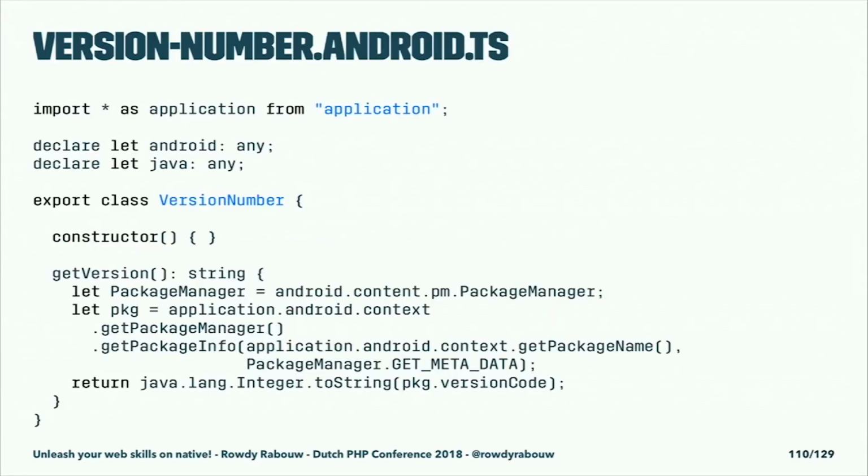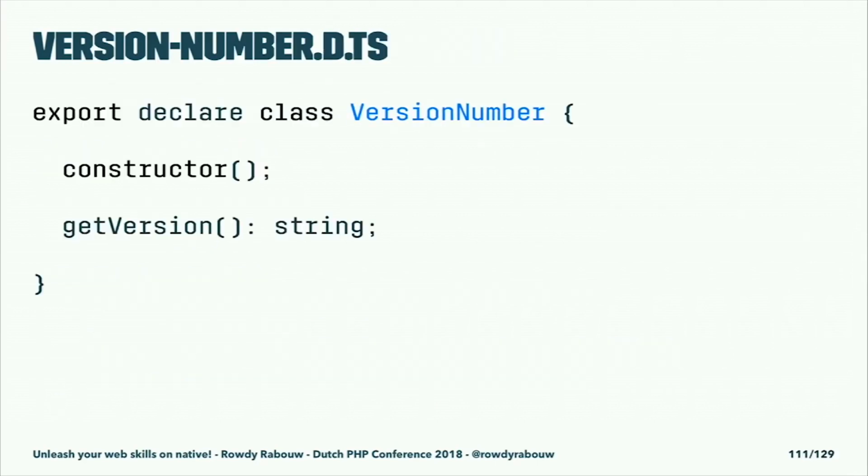The Android one is a little bit more complicated, but essentially is running Java commands to get the version number. And in the end, I have a definition file, just saying get version. And that will redirect to the appropriate iOS or Android version.